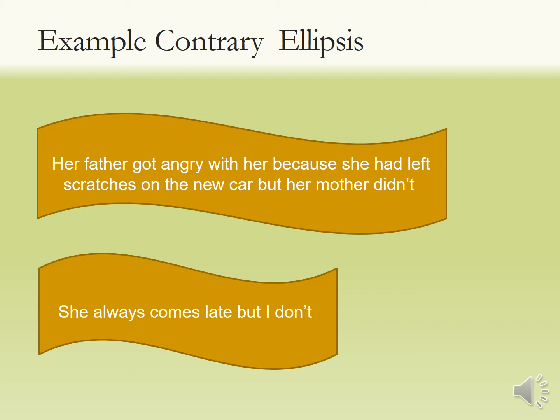Got angry with her is a phrase that is implemented in the first statement, but in the later statement, her mother didn't, we ellipse the whole phrase "got angry with her". It means her mother didn't get angry with her. So we skip and omit the whole phrase associated with her father.